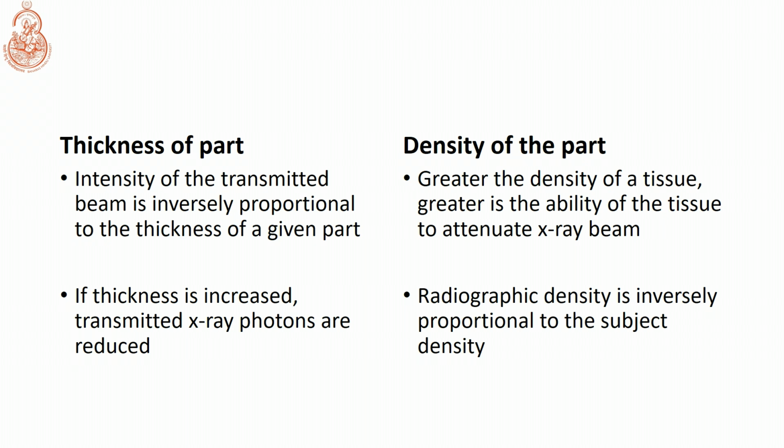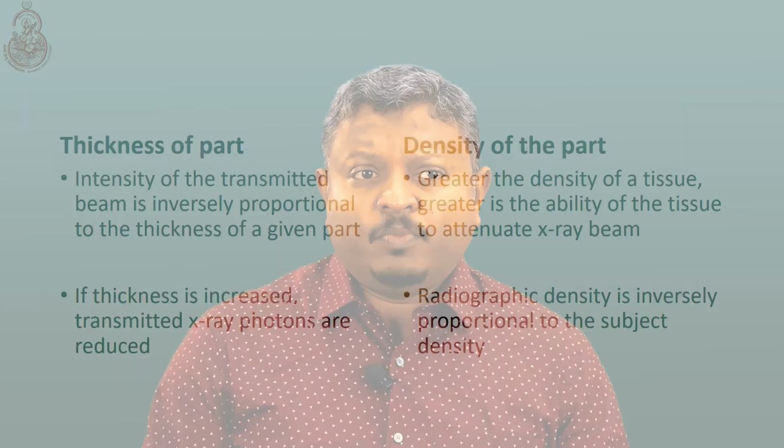If thickness is increased, the transmitted X-ray photons are reduced. So when the thickness is increasing, the attenuation is more, and the X-ray photons which pass through that particular portion are reduced.